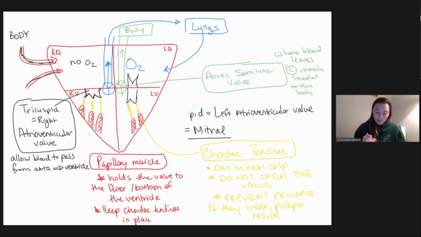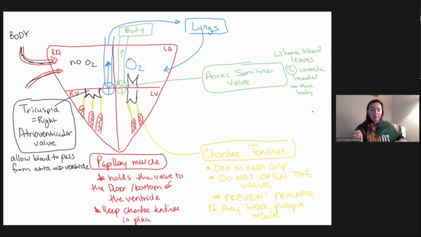So if one chordae tendineae breaks, we call that a partial prolapse. If all of them break, we would call that a complete prolapse. So I'm going to draw that up here. Partial prolapse. A partial prolapse is the same as a leaky valve.